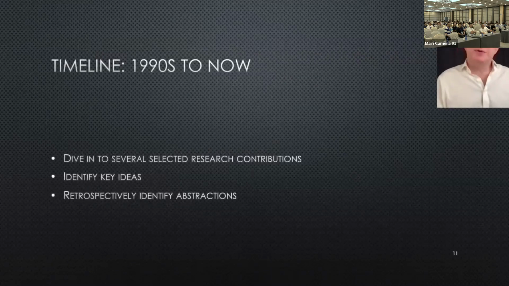So that was the bird's eye view of how the field may have progressed. I'm going to dive into a handful of selected contributions from my research group to identify a few key ideas and retrospectively identify abstractions from those ideas that hopefully will give some insight as to how the research contributes to making queries efficient.